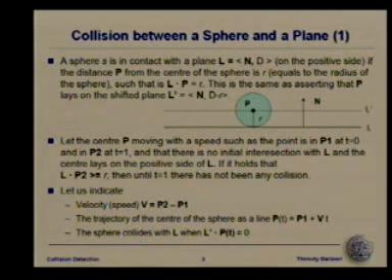This sphere is contacting the plane being on the positive side of the plane. And there is a P, which is the center of the sphere, and the distance from the center of the sphere to the plane is R, which is equal to the radius of the sphere.